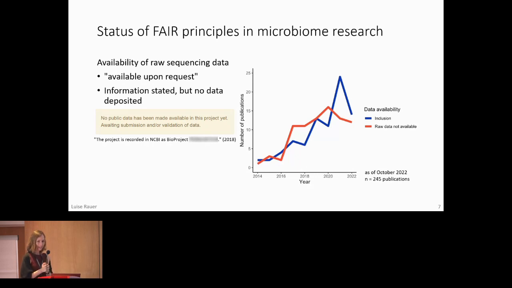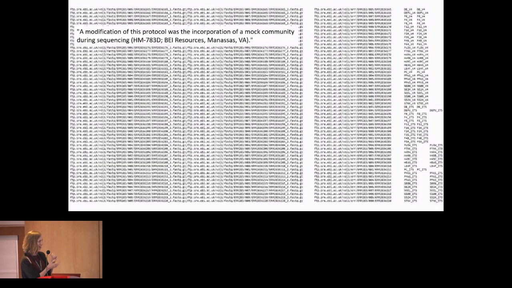And for the last exclusion criterion, I would like to play a little game with you, which I call Spot the Mock. So here I have all the raw data that was uploaded in the study. And the only information that we have is blah, blah, blah, incorporation of a mock community during sequencing.